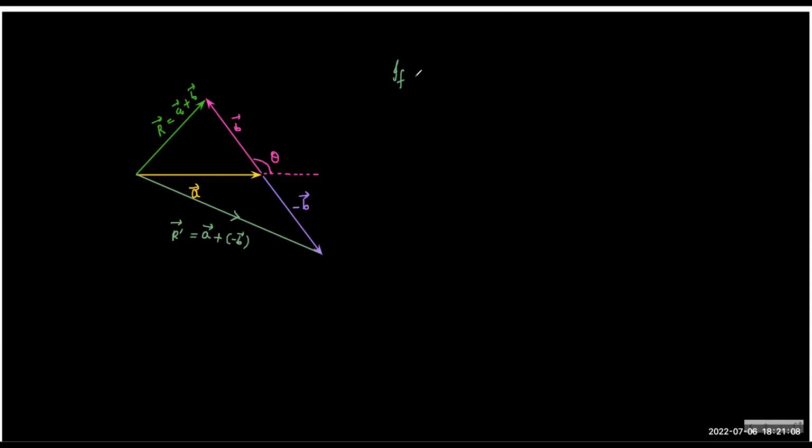So if theta is more than 90, we can see clearly that the mod of A plus B, the magnitude of the resultant of vector A and B, turns out to be less than the magnitude of the resultant of vector A and minus B vector. That's how we read it.